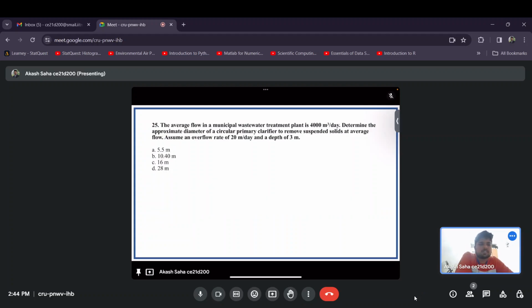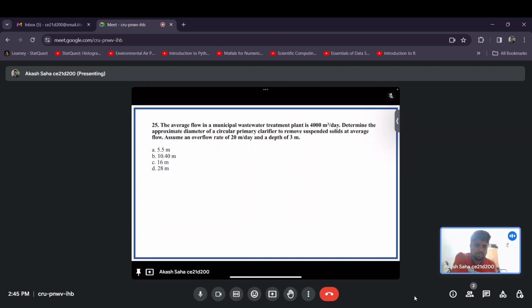So my last MCQ problem for today is this. It says that the average flow in a municipal wastewater treatment is 4,000 meter cube per day. Determine the approximate diameter of a circular primary clarifier to remove the suspended solids at average flow. Assume the overflow rate as 20 meter per day and depth as 3 meters.